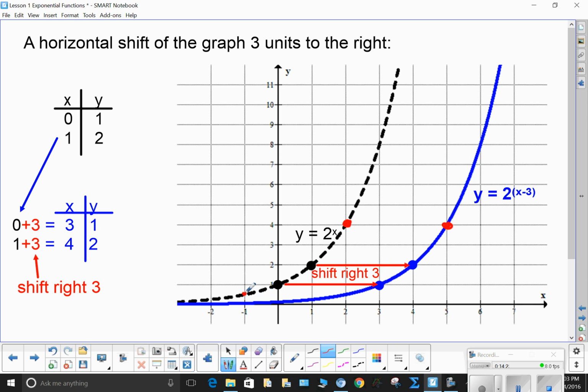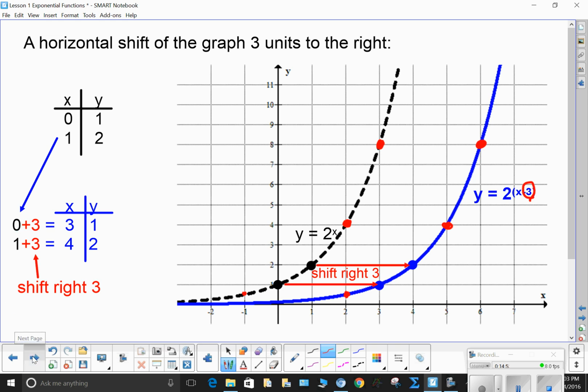Here at 1/2, 1, 2, 3. 2 cubed was up here at 8. 1, 2, 3. I have my new curve shifted to the right. Remember, when it's x minus, then whatever the number is that's being subtracted, in this case 3, that's what I add to my x coordinate to get my new point.